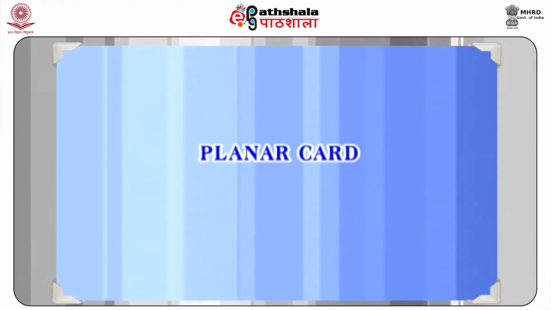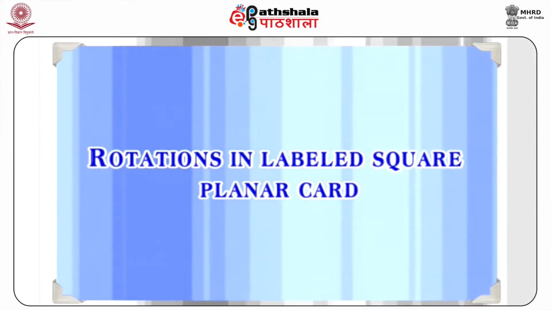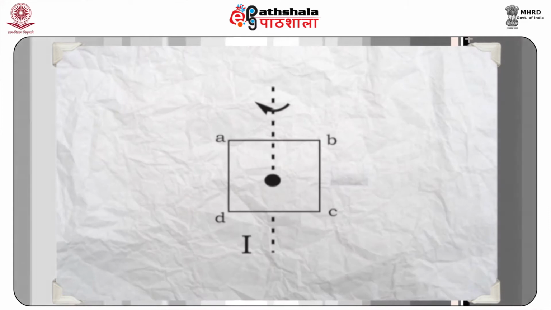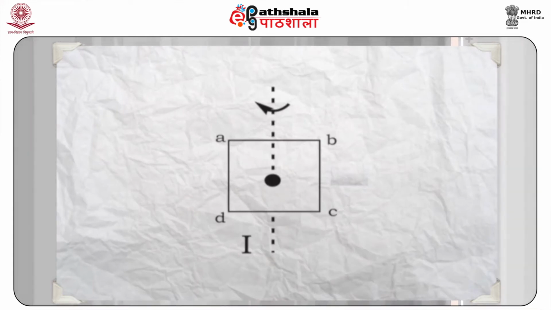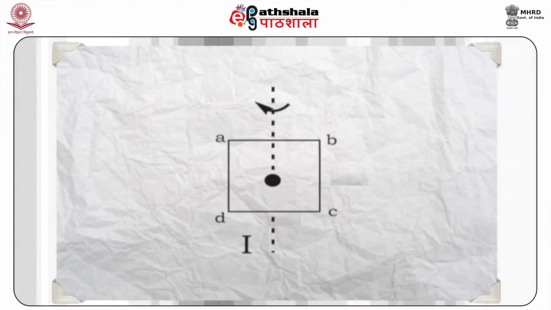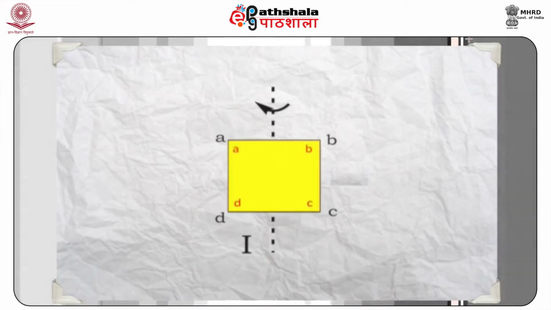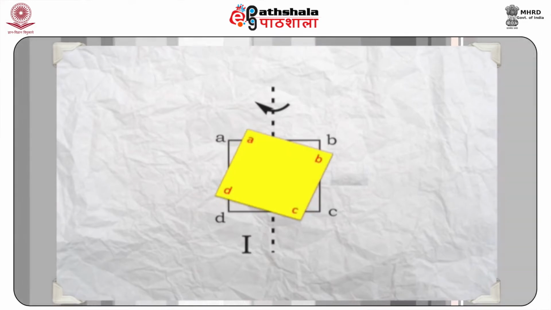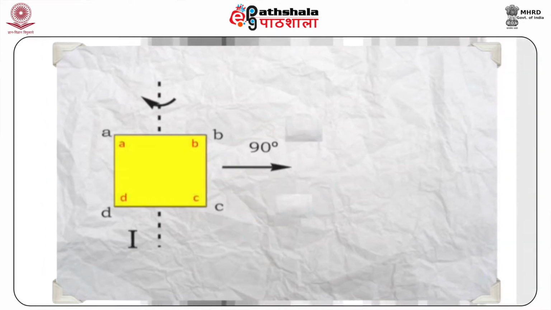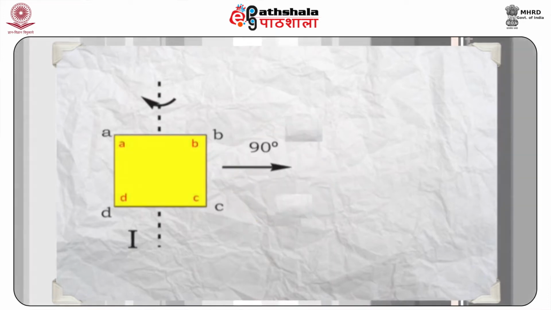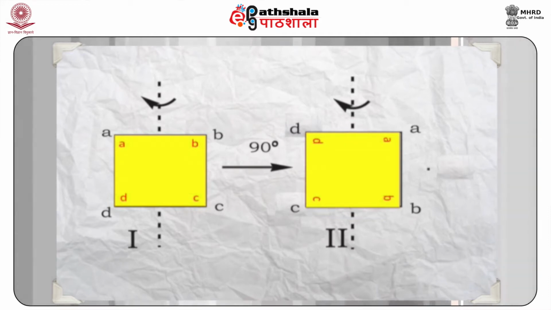Let us now carry out the rotations, but this time on labeled square planar cards. If we label the four corners as A, B, C and D, then it is possible to observe the effects of these movements or rotations. Let us carry out a 90-degree rotation as shown here. We can see that after a 90-degree rotation, we do not get an identical or equivalent configuration.